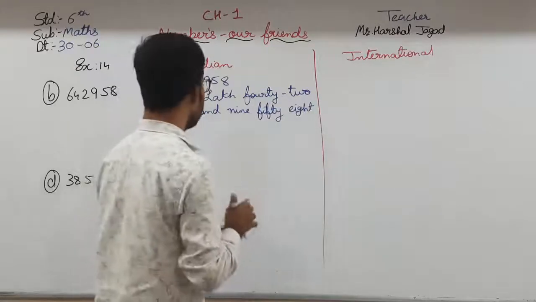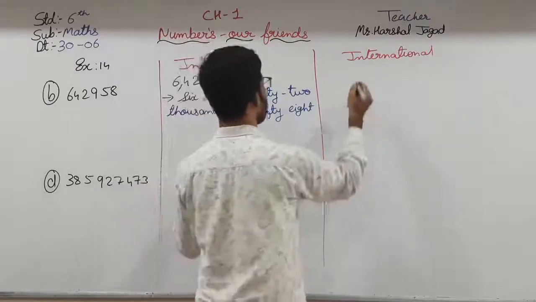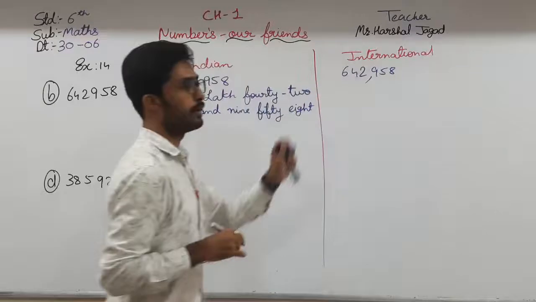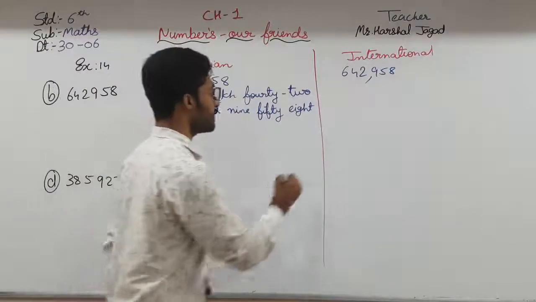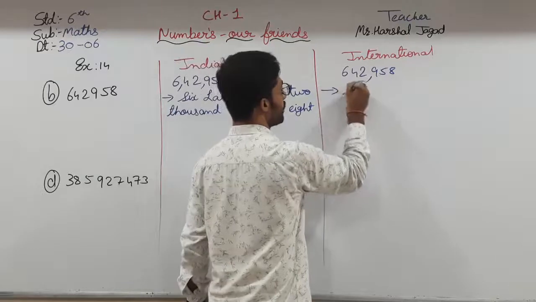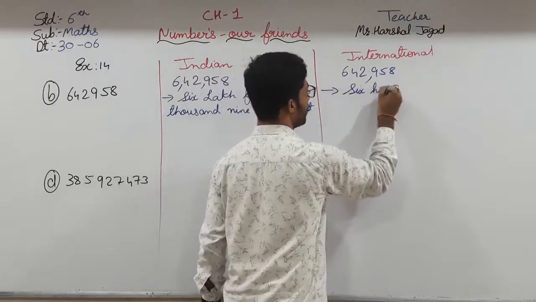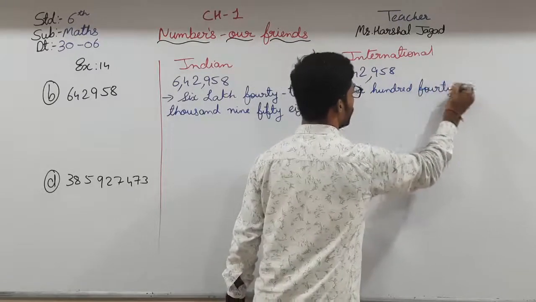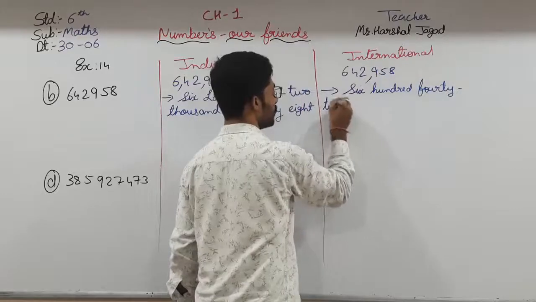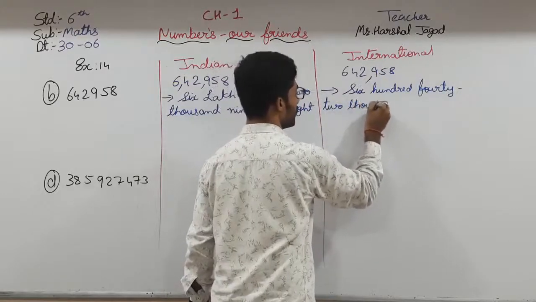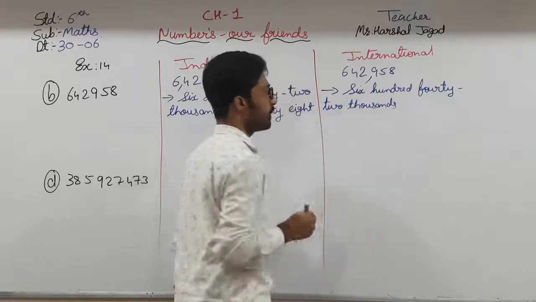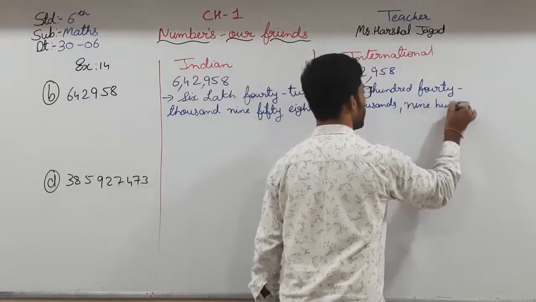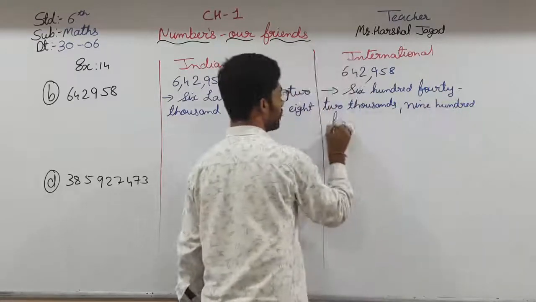Okay, and here in the international system, 642958, the first comma will be over here, and we write this as 600 42,000 642,958.